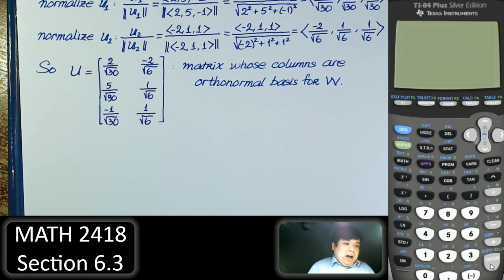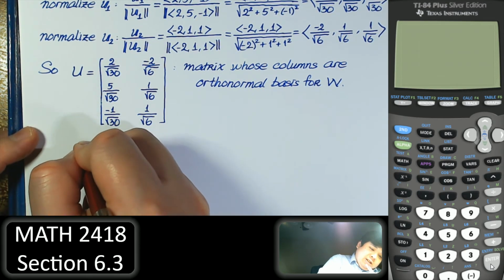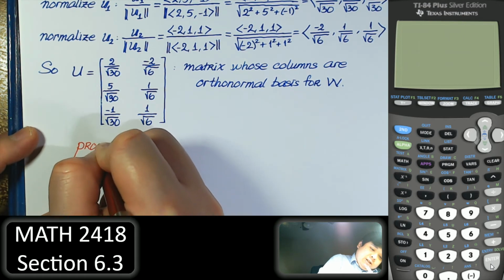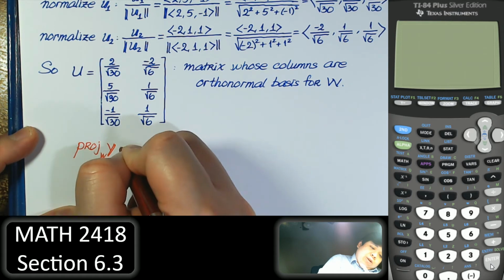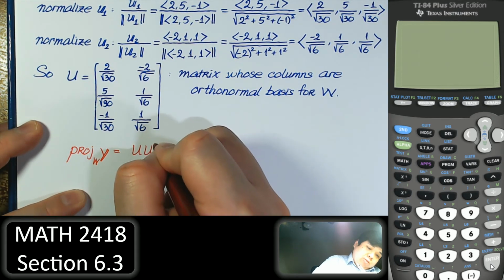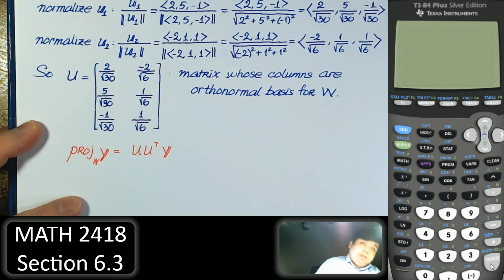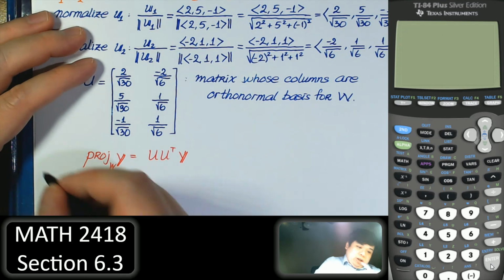Right, next, the projection of Y onto W. If we know U, it's going to be U times U transpose times Y. Yeah, that's exactly what we have, so we can say Y hat.